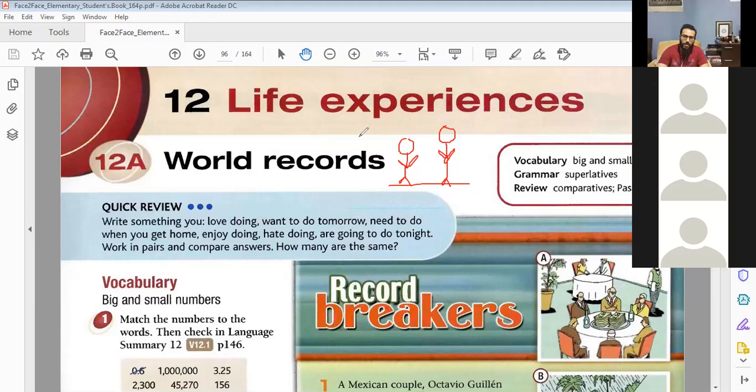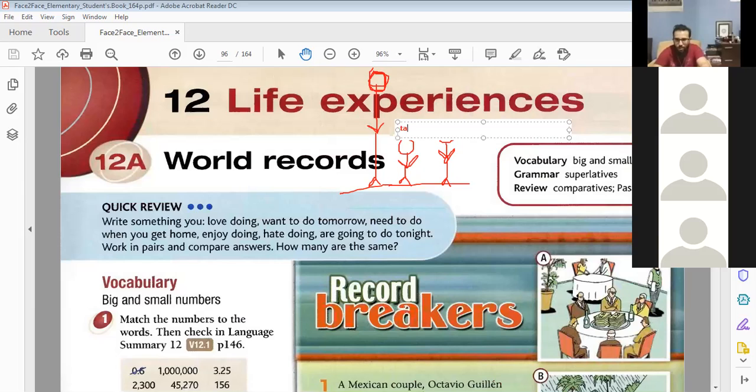But here I have Bajela. Bajela is very tall. So if I want to talk about Bajela, I will say Bajela is the tallest, right? He's the tallest. Do you get the idea? So with John, we can say John is tall.